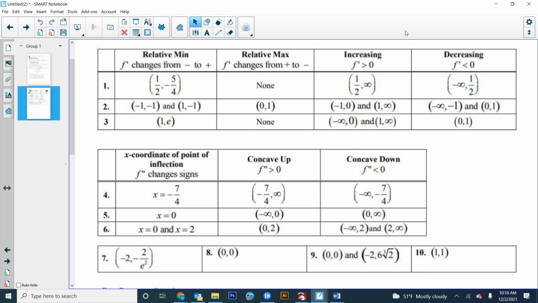Number 5, I emboldened the word absolute. I only want the absolute extreme values, the highest or the lowest value. And then number 6 is an MVT. It's the real mean value theorem problem.